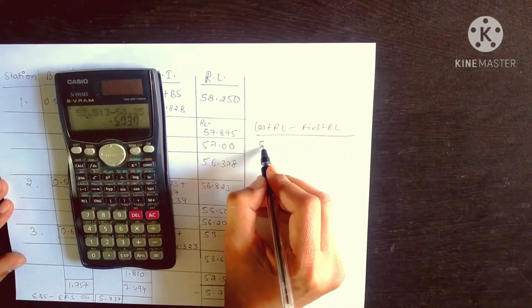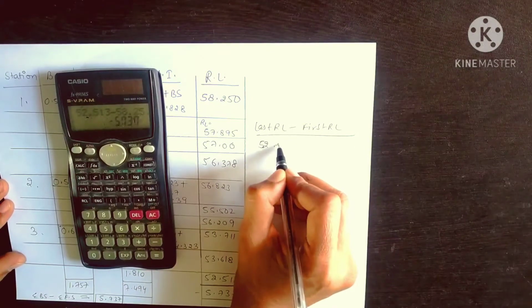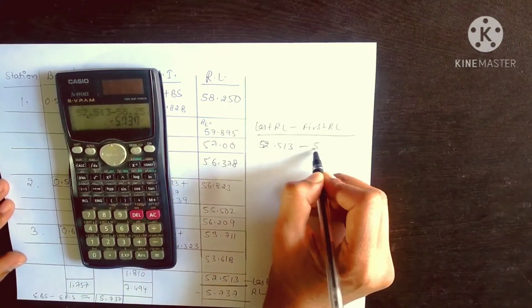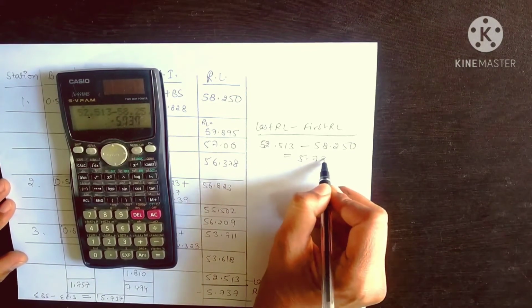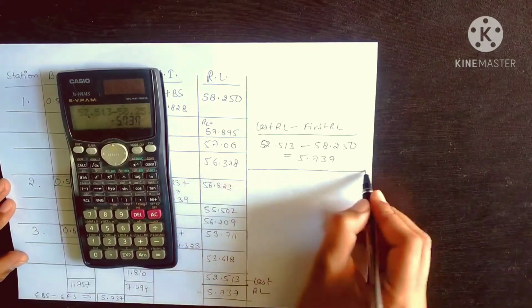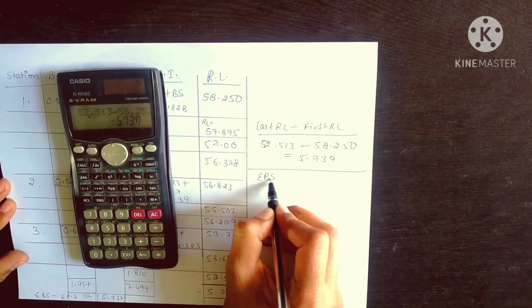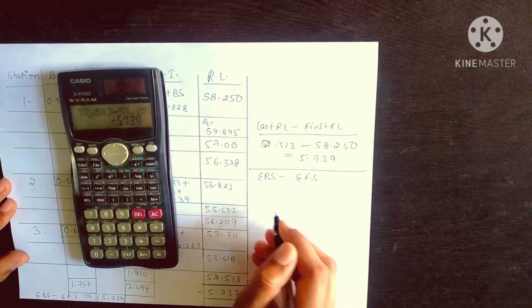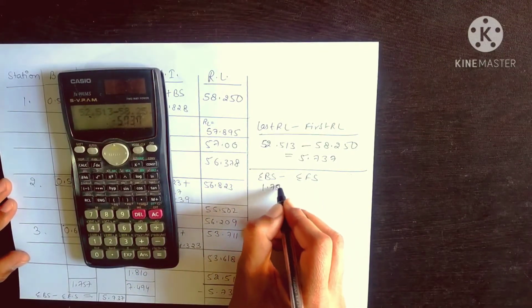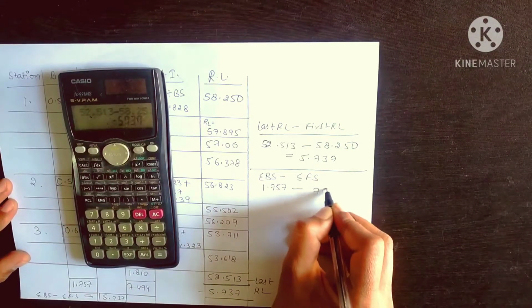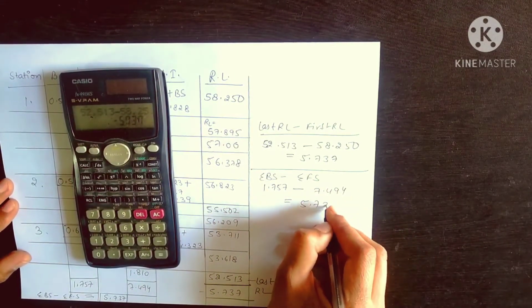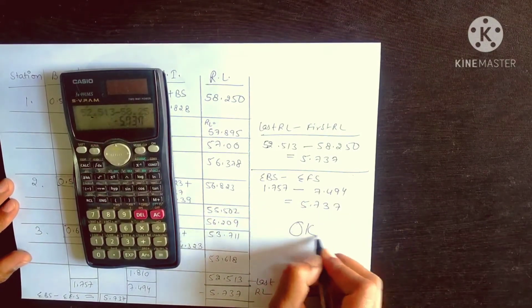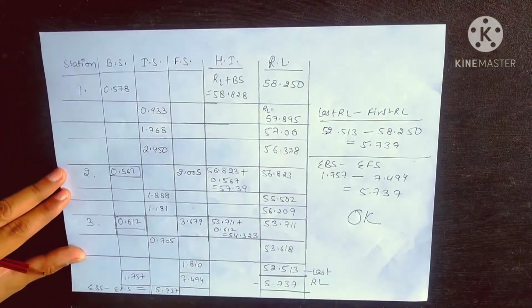Last RL is 52.513 minus 58.250 gives us 5.737, and the sigma BS minus sigma FS, that is sigma BS is 1.757 minus 7.494 gives us 5.737. That is okay. So we have done with this question.